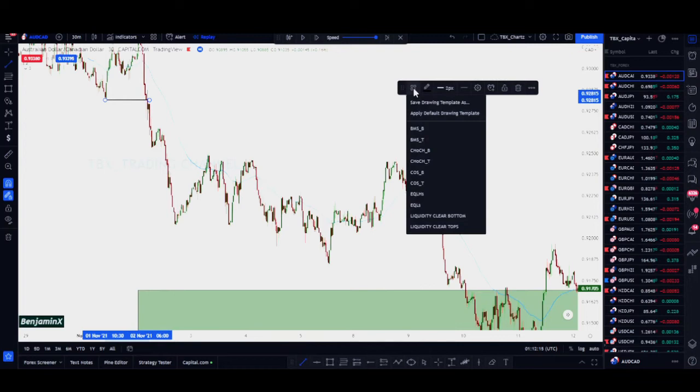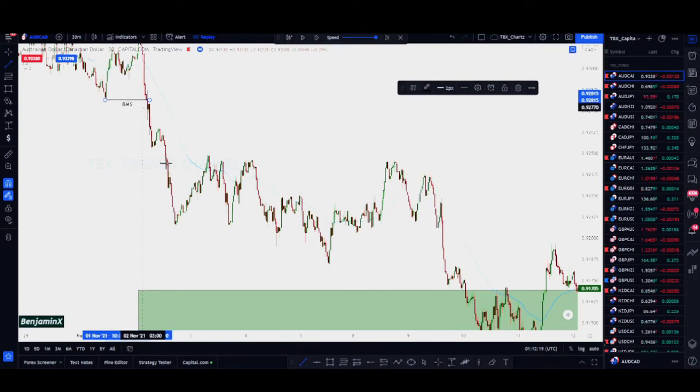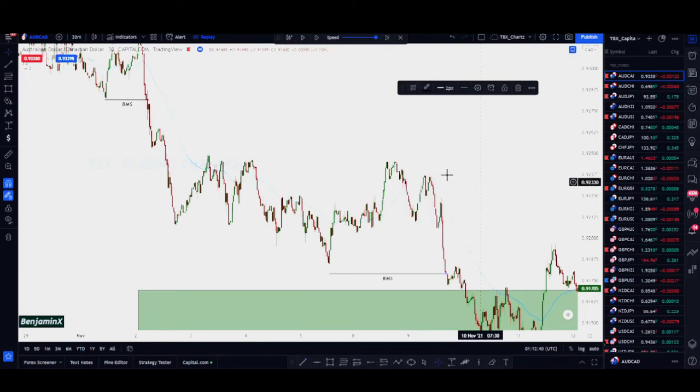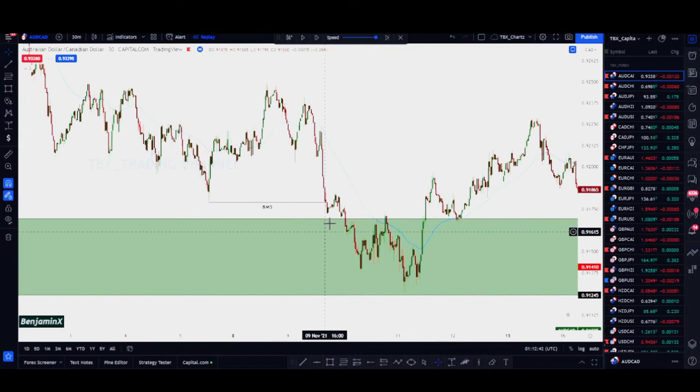Price consolidated. When price broke structure, some of you can call this your break of structure, whatever, there was this consolidation. Then when price broke structure again, there was this consolidation again.